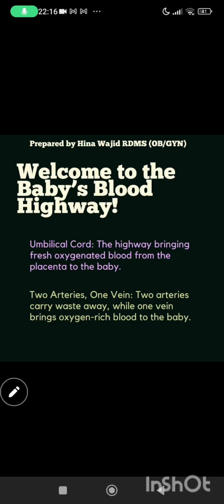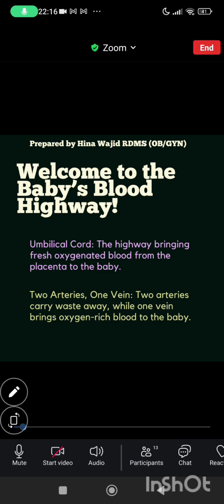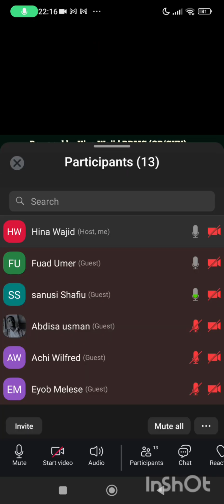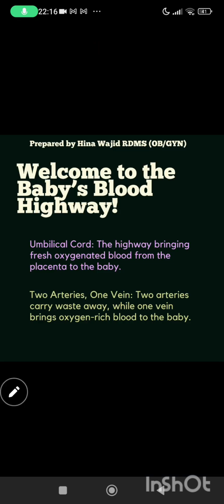Yilkal, anyone? Okay, Sanusi, please continue. It supplies the fetus with oxygen and takes the waste away from the fetus. Exactly. So it connects the placenta to the fetus.